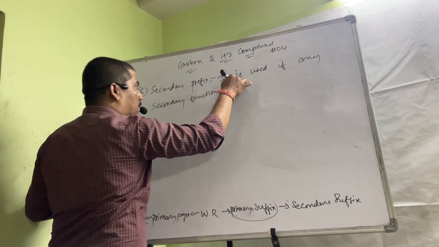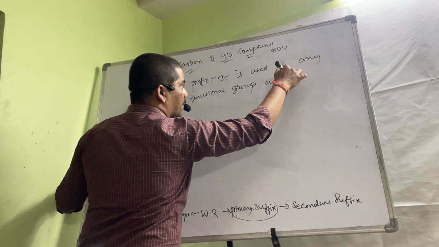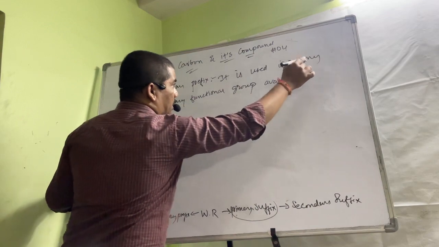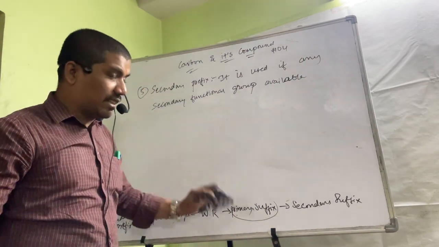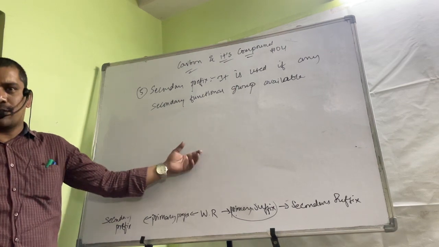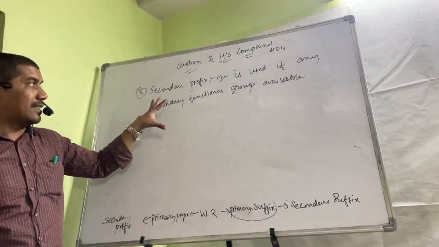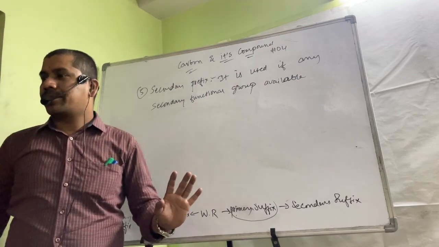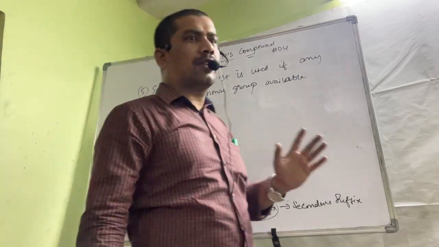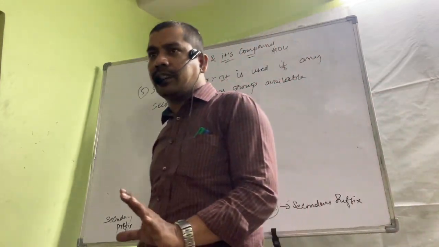So that means if a secondary functional group is given in the compound, then only here we will write something, which I'll explain after a few minutes. So if a secondary functional group is there, then only we should write it. If a secondary functional group is not available, we should not write this part. Clear with this point everyone?